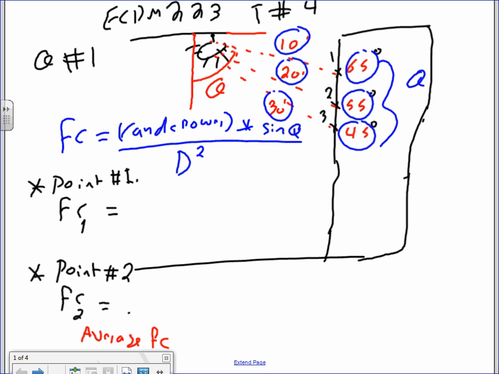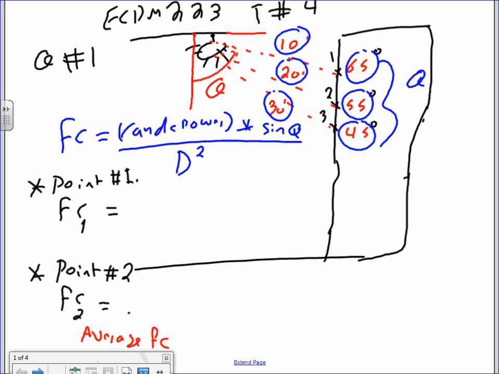Cool? So let's go ahead and calculate. Let's do it for point number 1, guys. Can you see point number 1 right here? For the candela power, you need to go to this sheet. We'll give you the candela power.